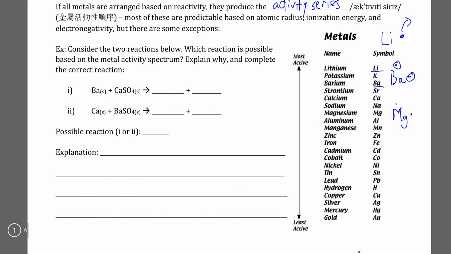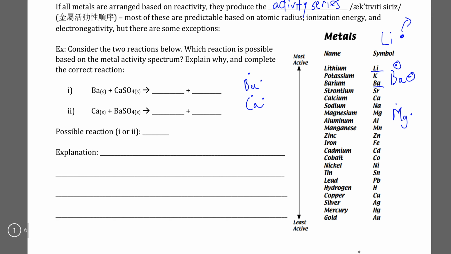To conclude this video, take a look at this practice problem here. We have a situation that is not quite as easy to analyze as sodium versus aluminum, because barium and calcium are both alkaline earth metals, so we cannot use the valence electron argument to explain which reaction will occur and which reaction doesn't.